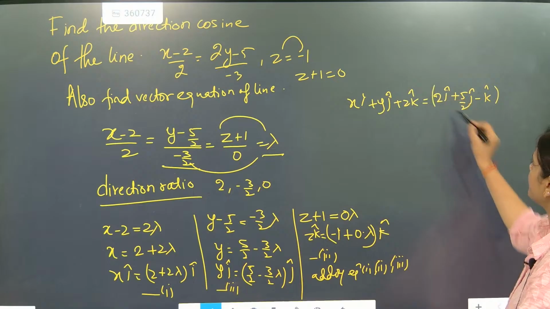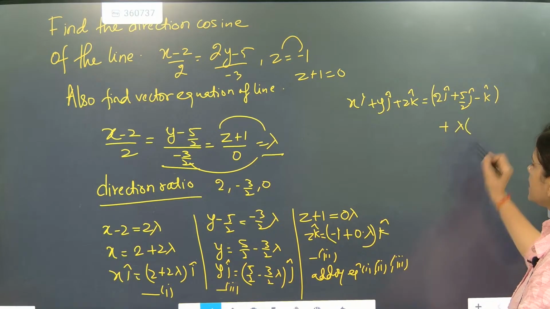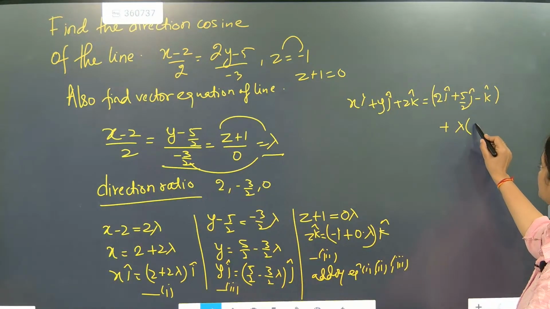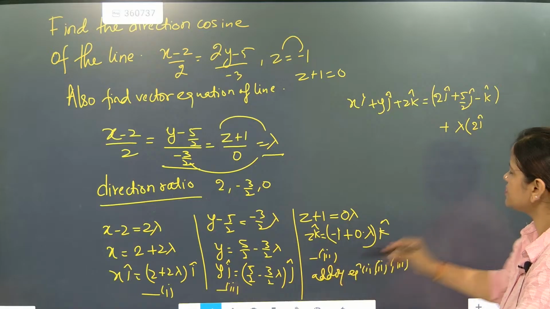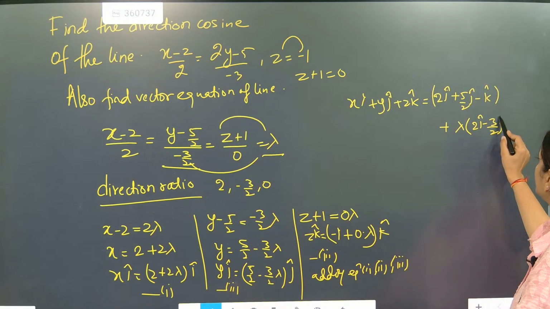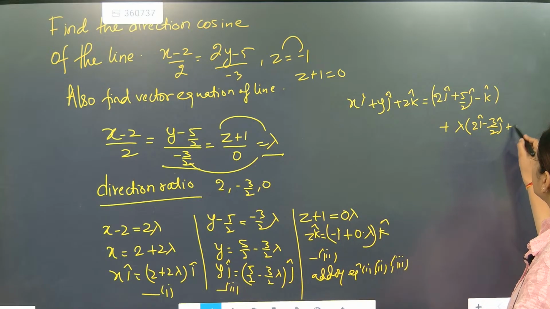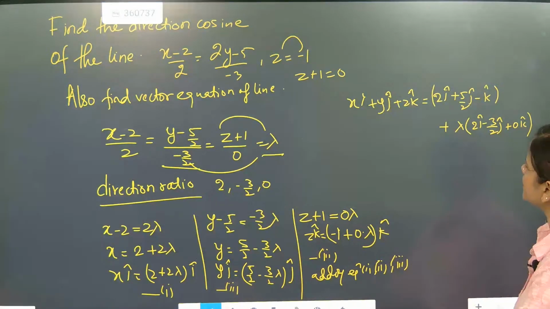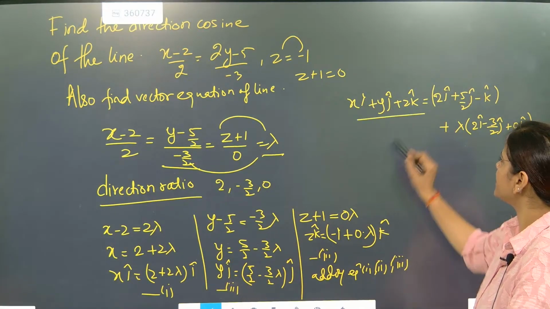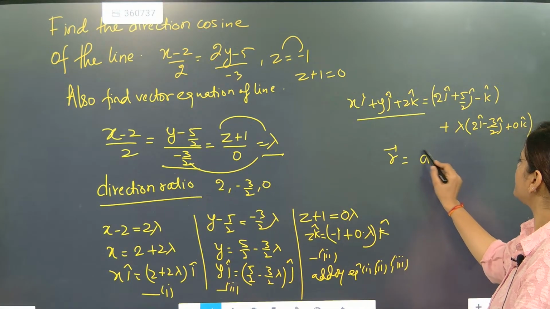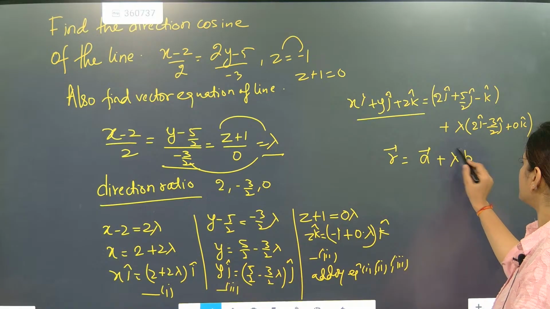This will become a. Now lambda take out, it will become 2i, next part is minus 3 by 2 j, and then 0k. So this part will be considered as r vector, this part will become a vector plus lambda b vector.